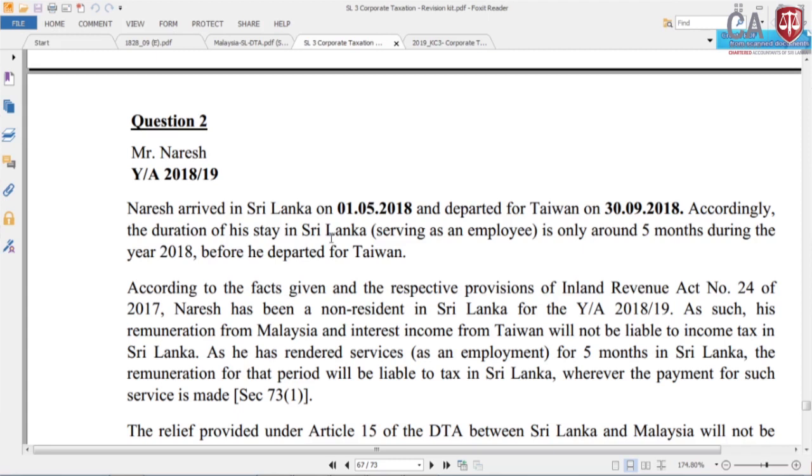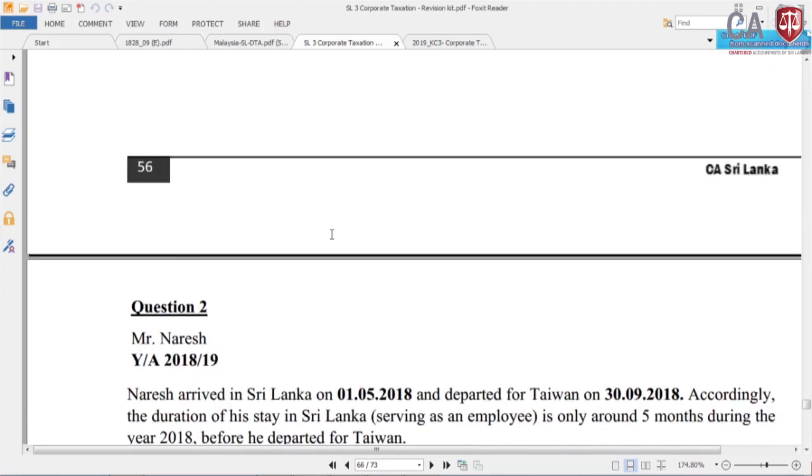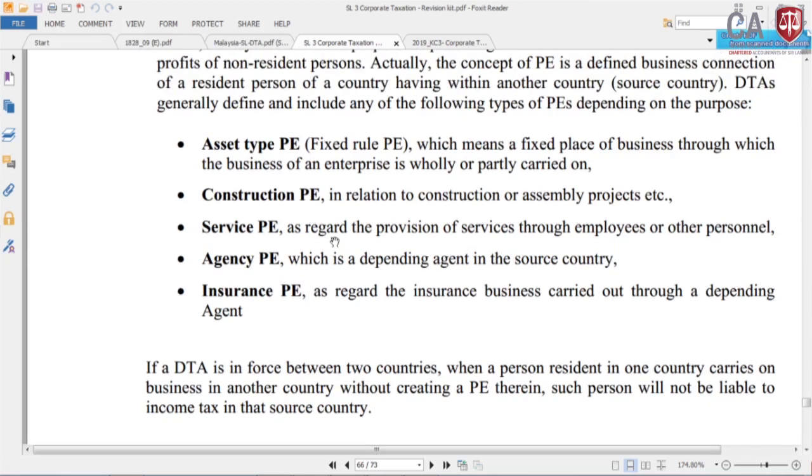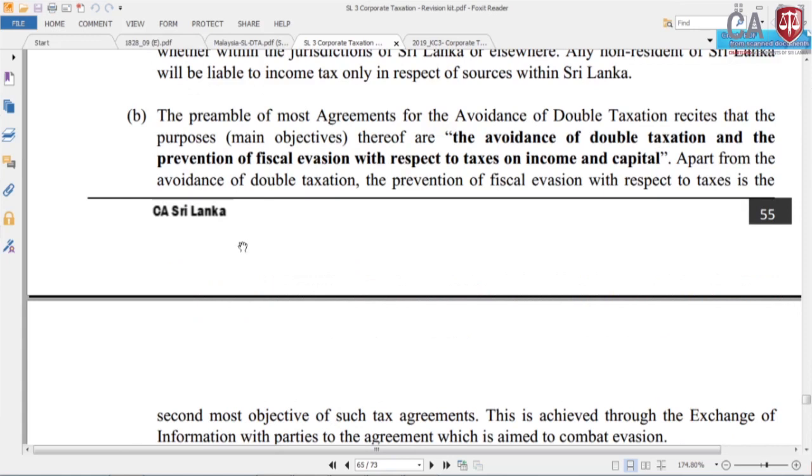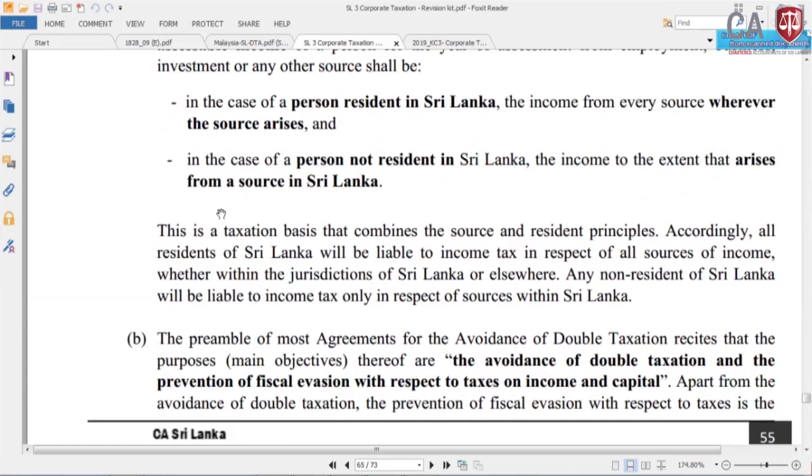All three questions I have taken are different, one to one. Therefore, please take the essence of these questions and practice again. Even though these are small questions, the concept being tested is highly applicable for your examination. This is the end of the discussion of all three questions of the revision kit.